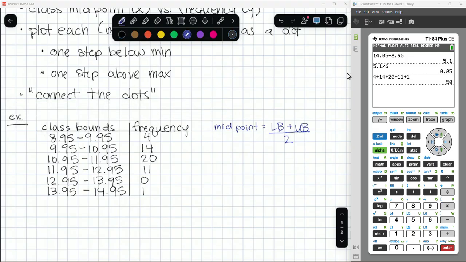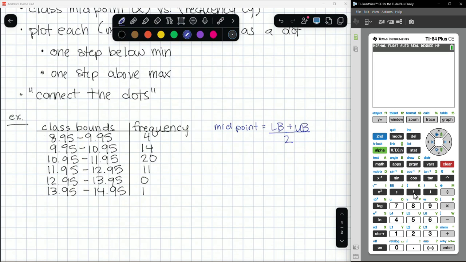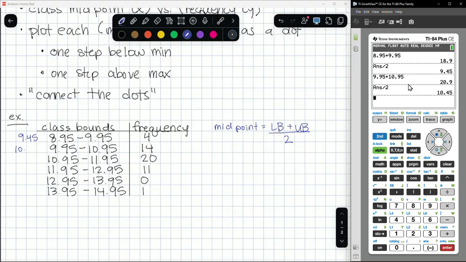All right, so let's grab our calculator. I want to do 8.95 plus 9.95 and then divide by 2. So 9.45. I'm going to double check the next one, but I would bet money it's going to be 10.45. And it is. So I see the pattern.